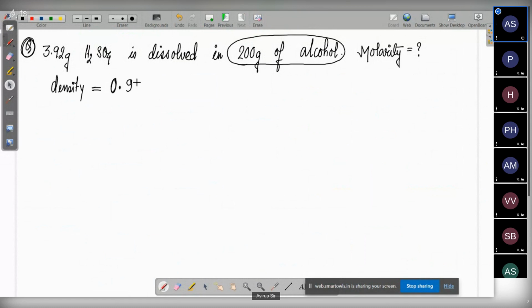So they have given you the density, and with the help of density, you have to do the numerical. Because if you know density, what is the relation between density and volume?